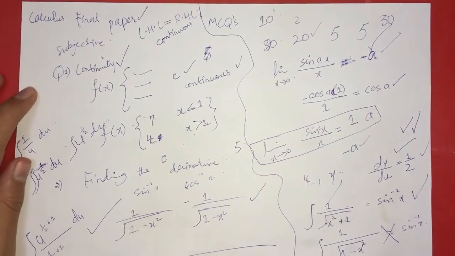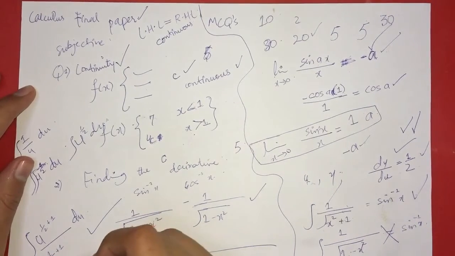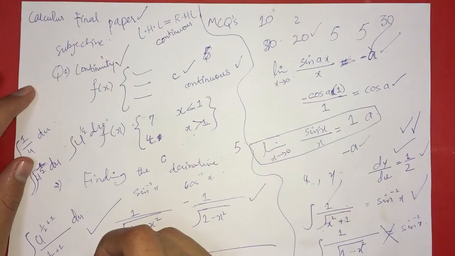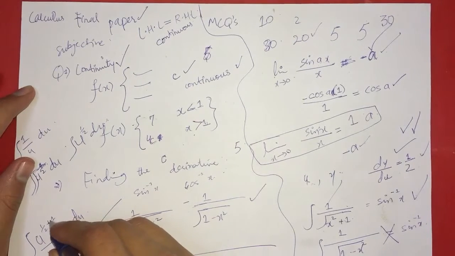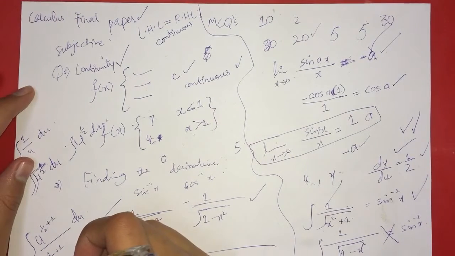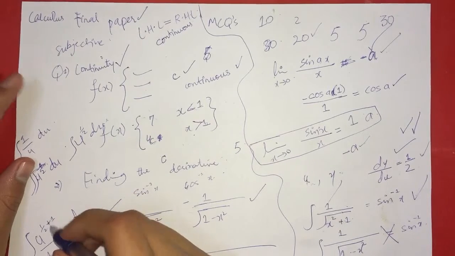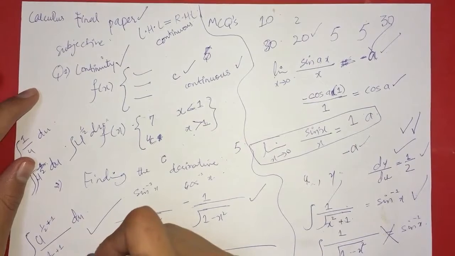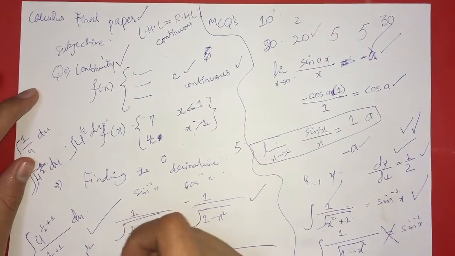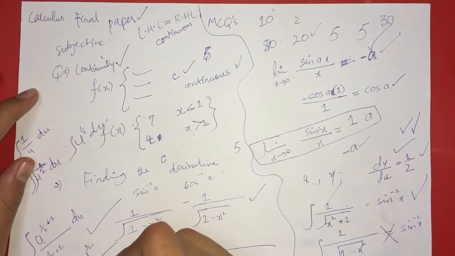So 1 by 2 plus 1 is your 3 by 2. So u power 3 by 2 divided by 3 by 2.